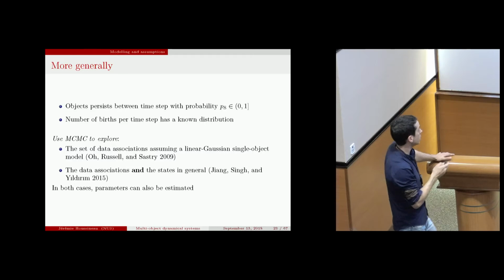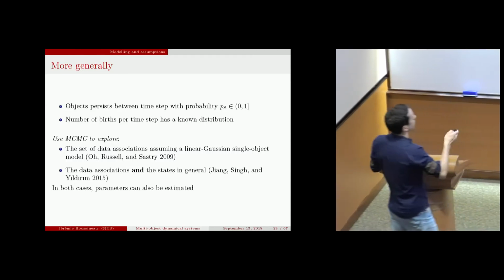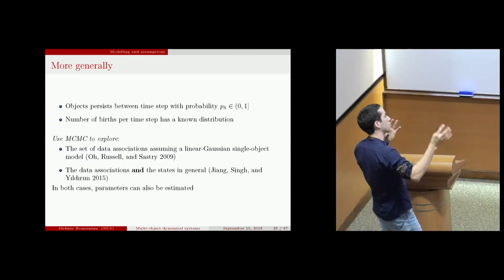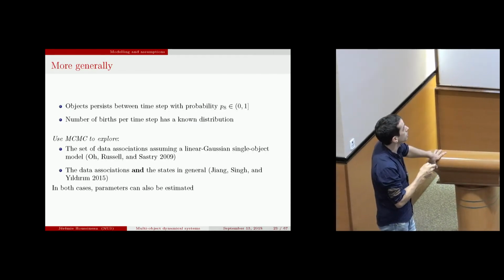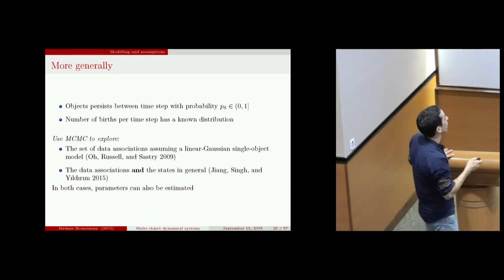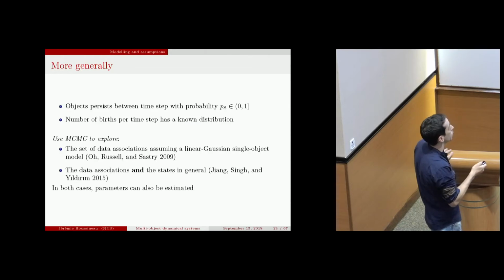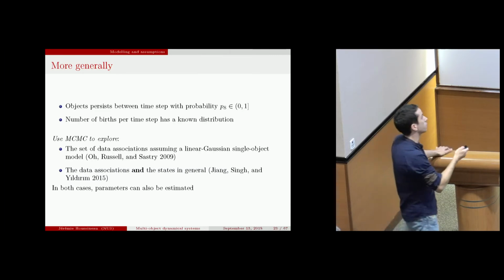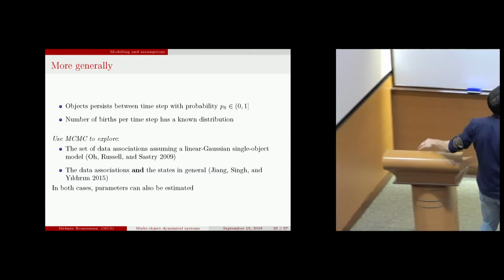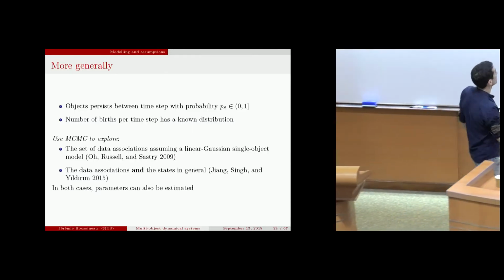And so this here is just the data association, just the connections between observations and objects. And Sumit also did this paper where he also tries to learn the state. So this is in general transdimensional, and so you have to use some particle MCMC here.